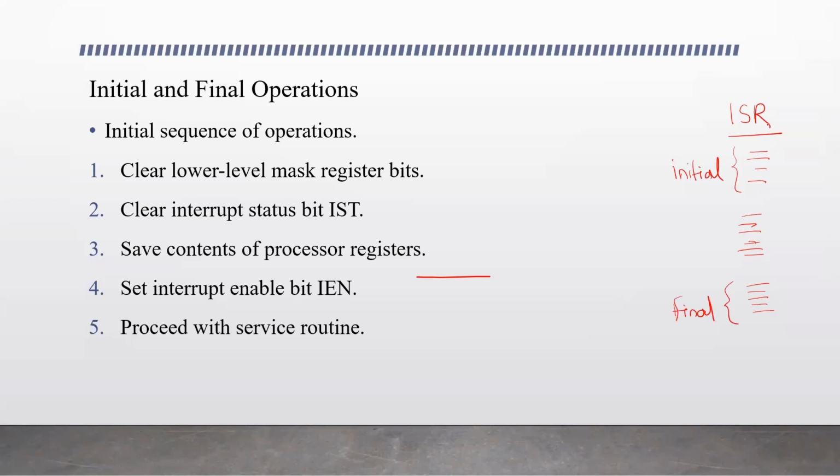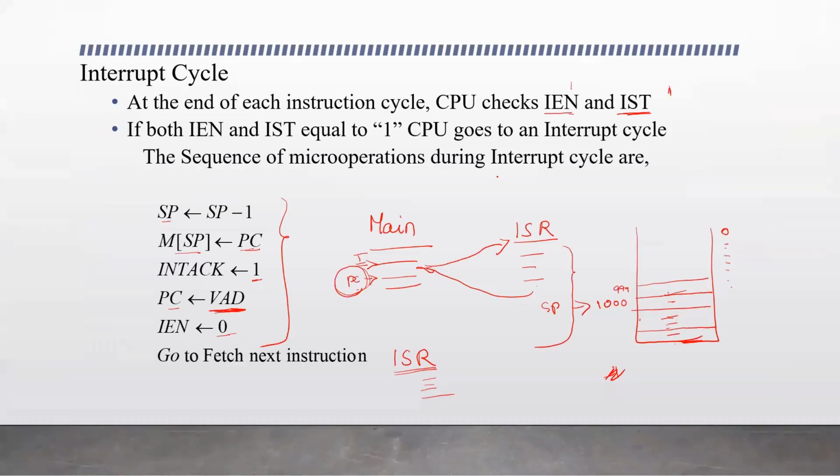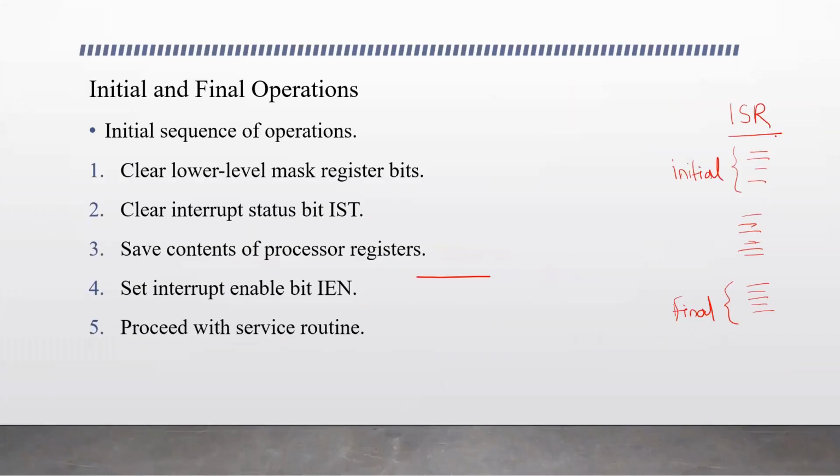After setting up all this, the CPU fetches the first instruction of the ISR. The interrupt service routine has the initial set of instructions, the instructions for the service requested by the device, and then the final set of instructions that the CPU executes.